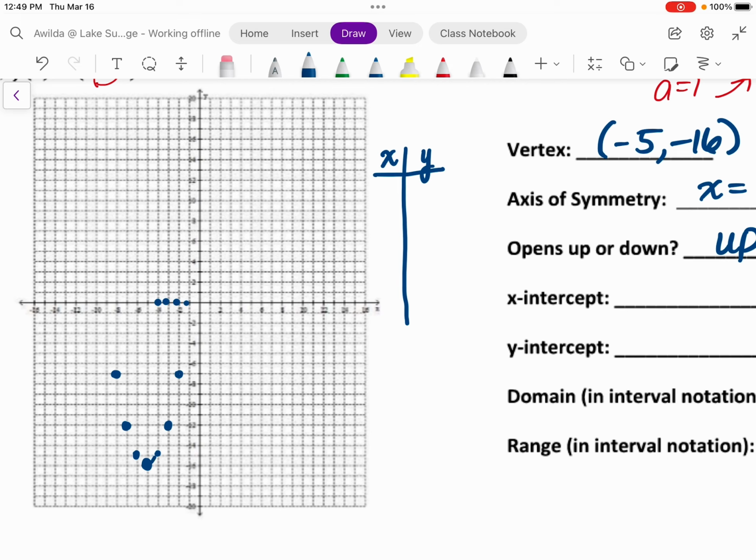And so this will give us a good idea of the graph. Now, we are going to want to find the x and the y intercepts. Let's find those algebraically, and that will help us get the rest of the graph clearly drawn.